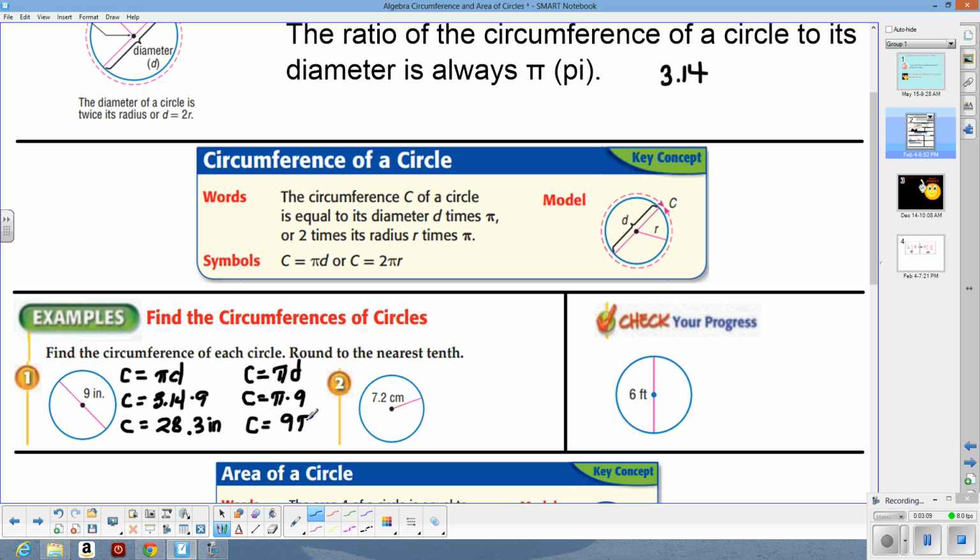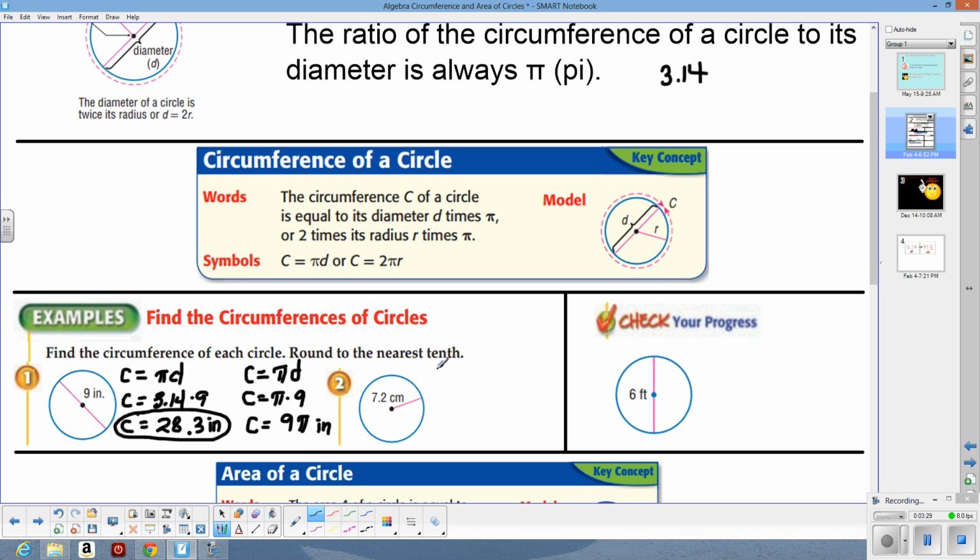This is the exact answer. It's 9 pi inches. This is not what you're going to be asked to do on your classwork, but I wanted to share this with you so you understand how you can go about showing the exact answer for the circumference.